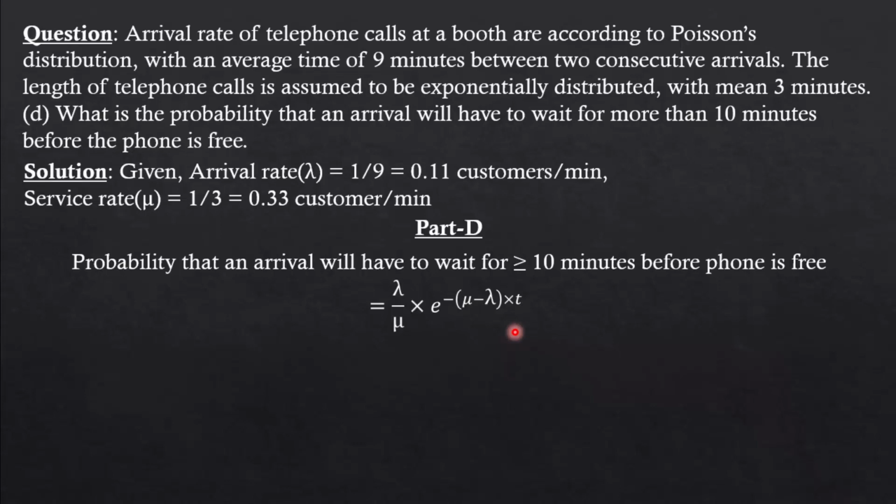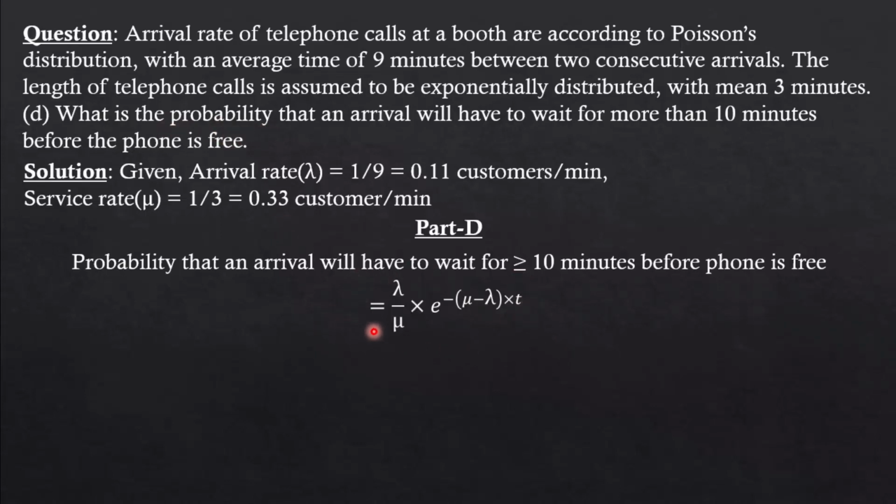Whenever it has been asked to find the probability of waiting time greater than time t, then we'll use this formula. Otherwise, if it has asked the waiting time, then we will use the formula for WS and WQ. So please understand the difference. Here it has been asked what is the probability that an arrival will have to wait. So here it is asking the probability, so we will use this equation.